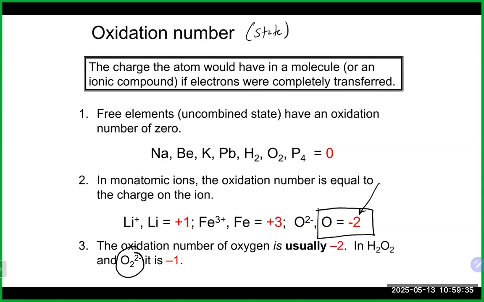In hydrogen peroxide, the oxygen is a -1 oxidation state. Other than that, you can almost 99% of the time safely assume an oxygen has a -2 oxidation state, and that's a good place to start.